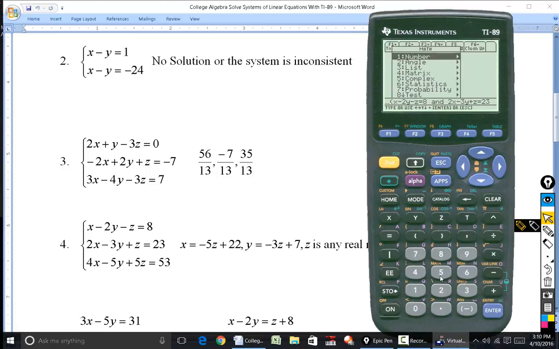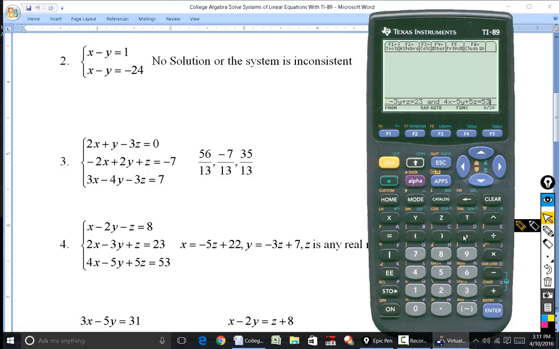"and," and then into the last equation, 4x minus 5y plus 5z is equal to 53, comma, okay, and then the braces, not parentheses, the braces.